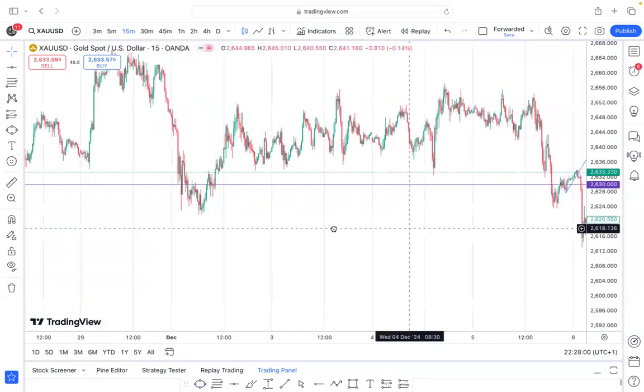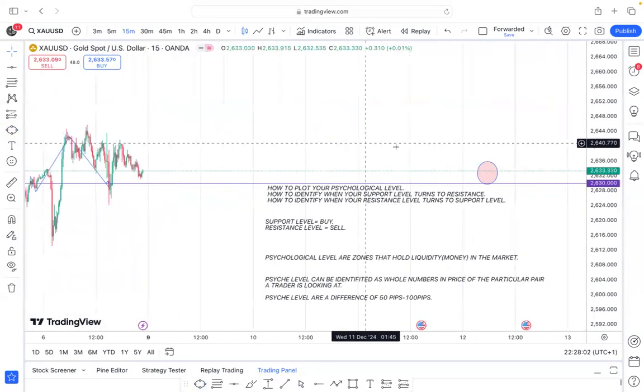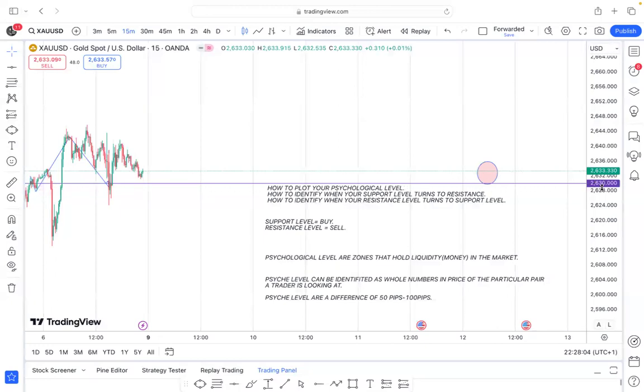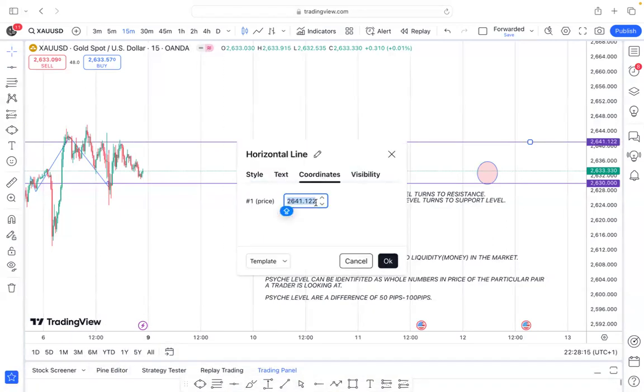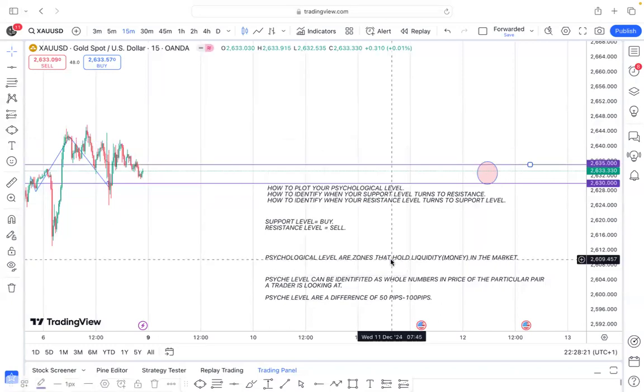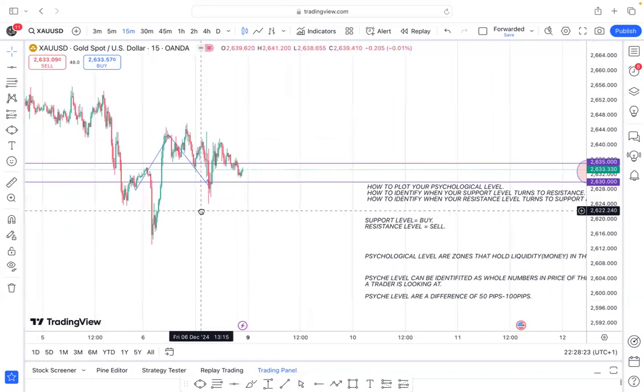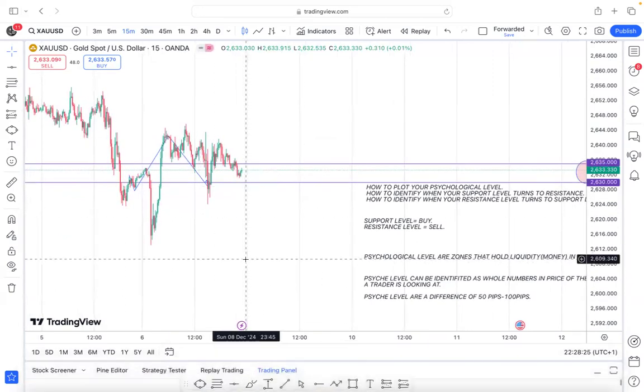Now, like I said, we already know that this is the whole number, 2603.0. The next level is going to be 2603.5, meaning it's a 50 pip difference. If you go and check the video that I talked about last time, I taught you how to calculate pips. Once you know how to calculate the pip, then you use a 50 pip difference range.